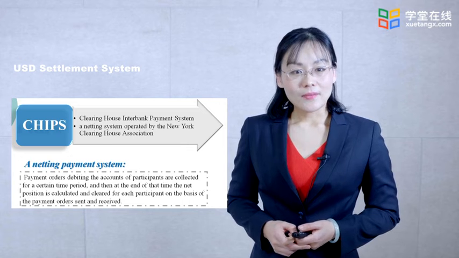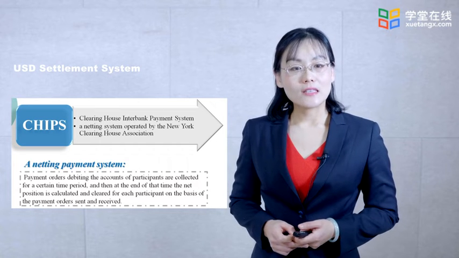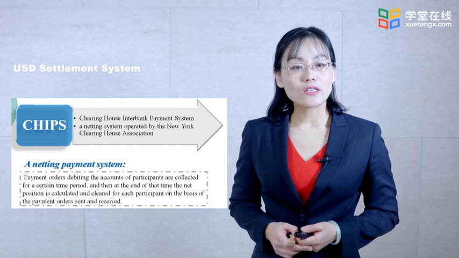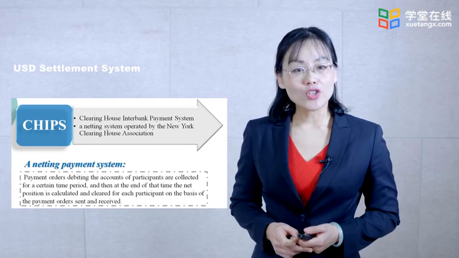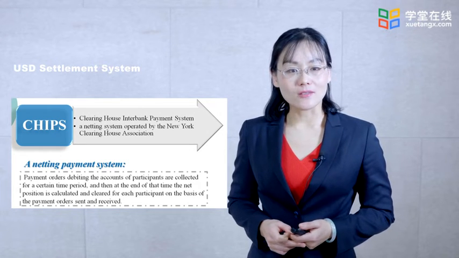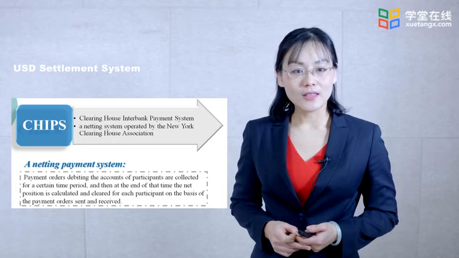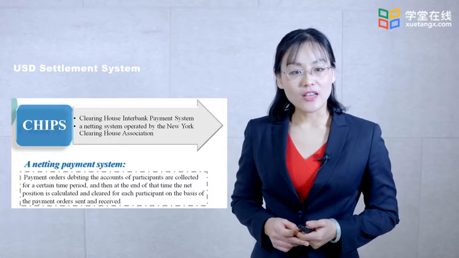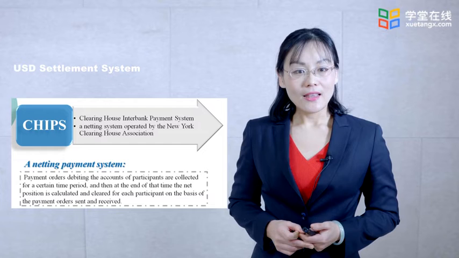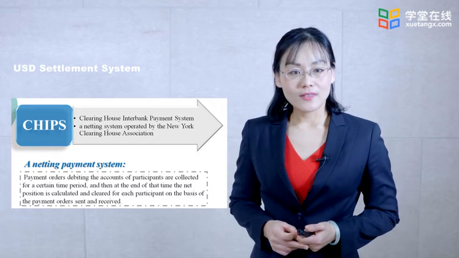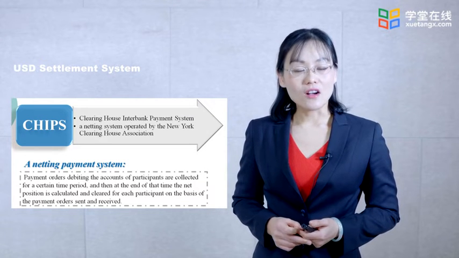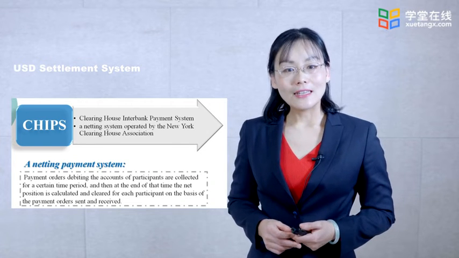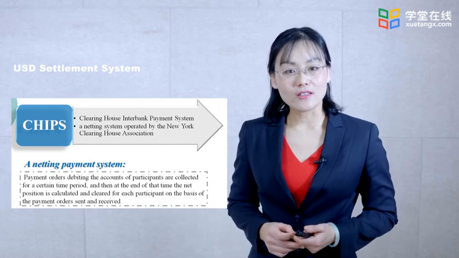During the day, member banks send instructions to CHIPS regarding transfers that they wish to make to other banks in New York City. Only information flows during the day. At the end of the day, value transfer occurs. There are two classes of banks in CHIPS.